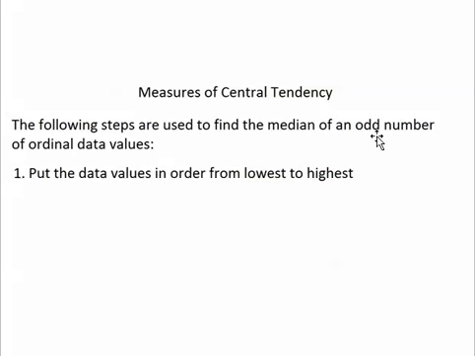And the steps to find the median of an odd number of ordinal values are the same steps that we followed to find the median of an odd number of quantitative values. If you have an odd number of values, you just put the values in order from lowest to highest, and you find the middle one, and there's no math.